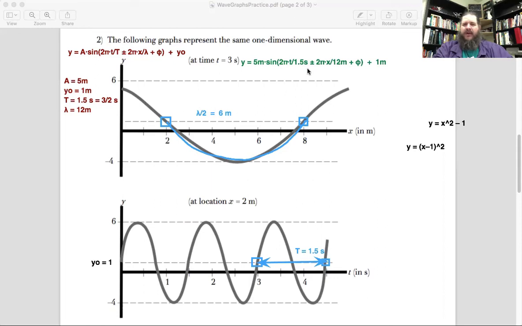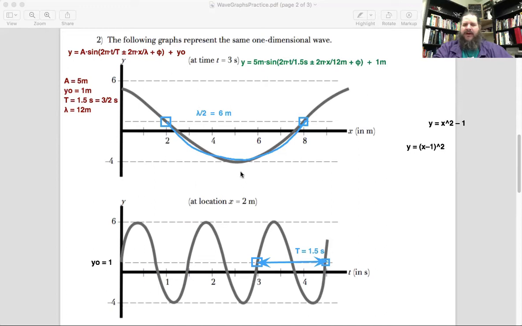And what determines that? What determines whether we use plus or minus? So isn't it, if the wave is moving to the right, then it's a minus, or if it's moving to the left, it's a plus. Right. So we're going to need to figure out which direction this wave is moving. Any thoughts on how we could do that?